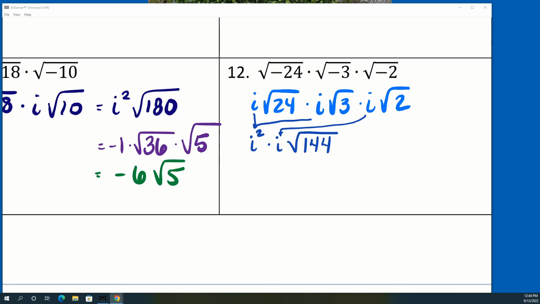Pretty sure. 24 times 3 times 2, yeah. Okay. Yes. So i squared is negative 1. i is i. The square root of 144 is 12. And then to write this in the right order is exactly what he said. It's negative 12i.